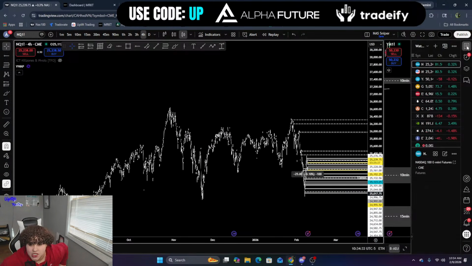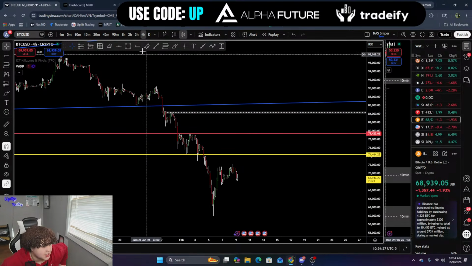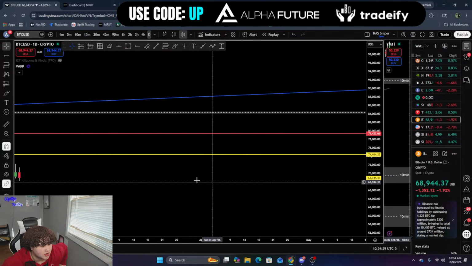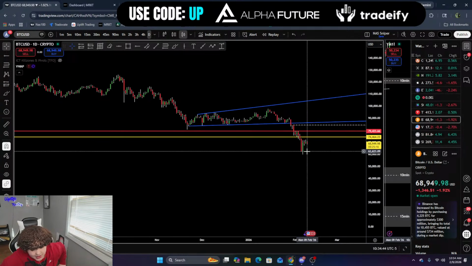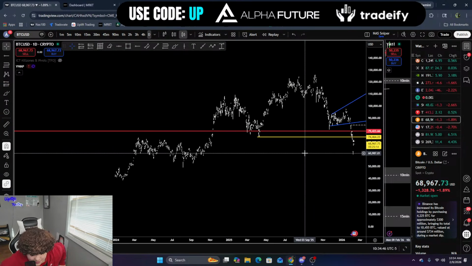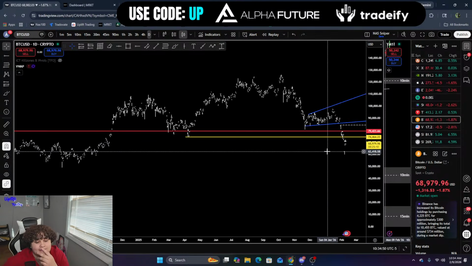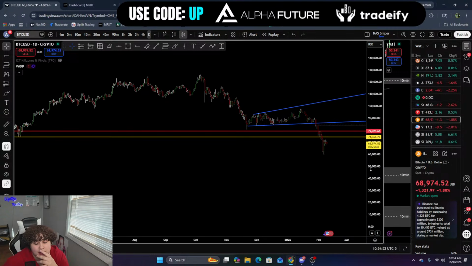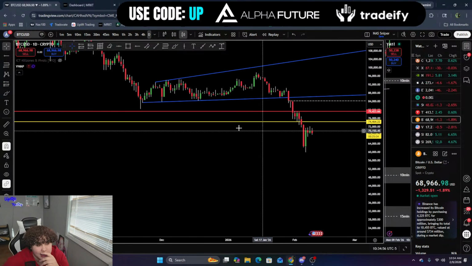I also wanted to check Bitcoin. See where it's at here. I don't know. Some people think this is the bottom, and maybe it could be. It could definitely be. But I think it could go lower.